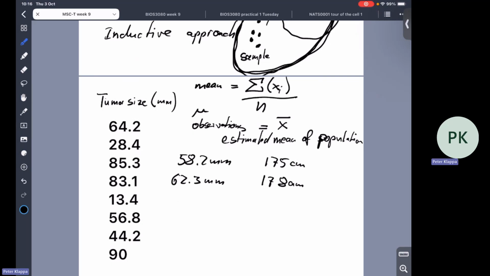Which one is correct? Have I made a mistake here? No? In terms of measurements, have I made a mistake, a conceptual mistake? No. I've done everything right. Okay.